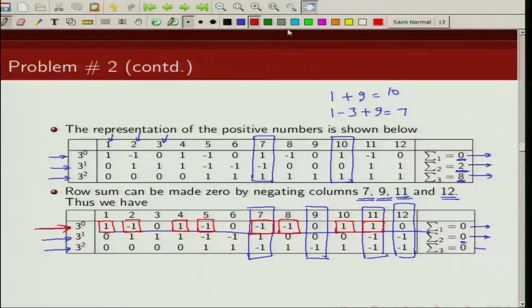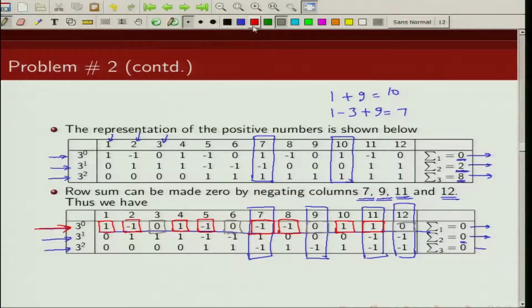And the ones that you see which are 0, the coin number 3, coin number 6, coin number 9, coin number 10, 12, I am not going to put in any of the pan. This is for the first weighing.